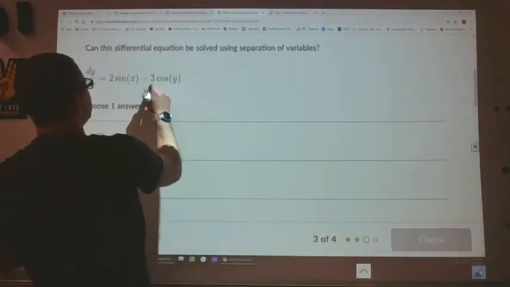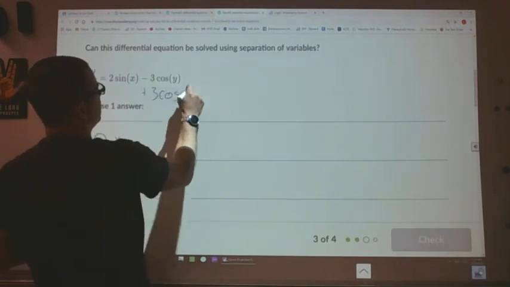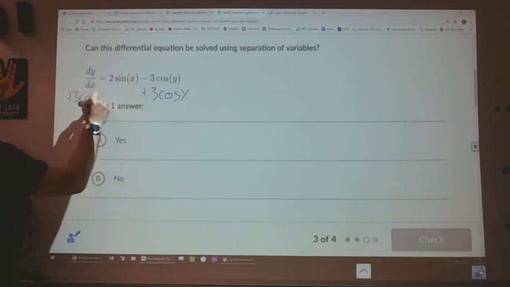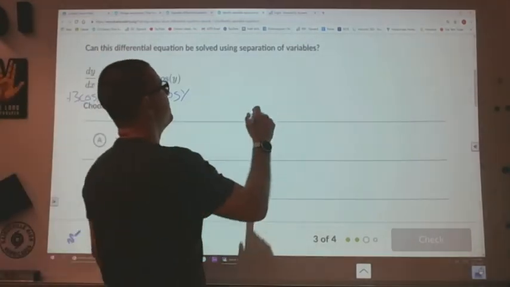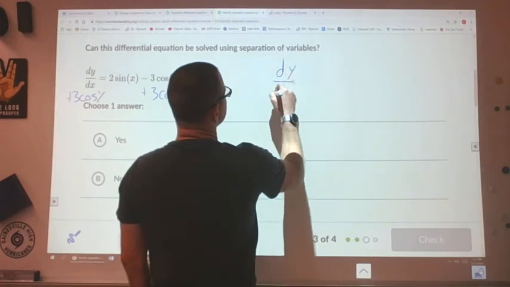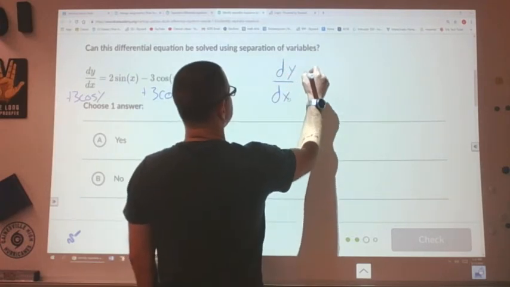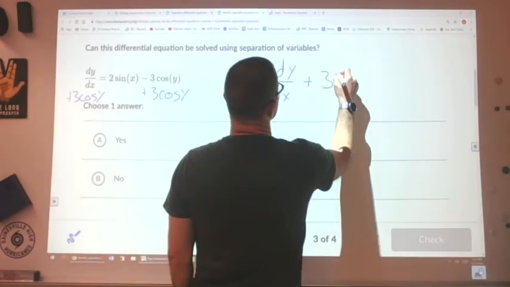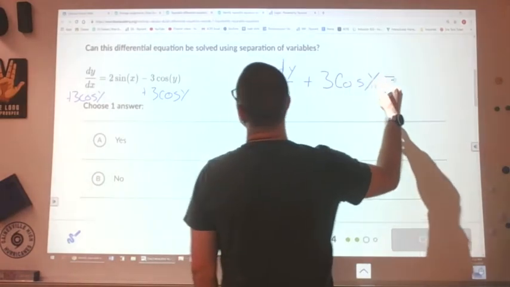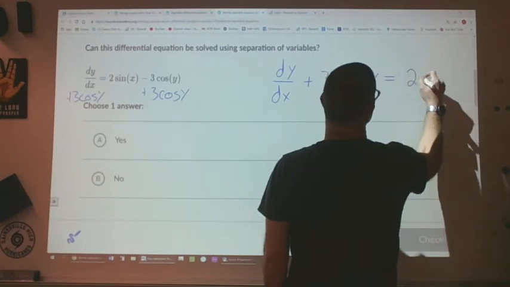If I add 3 cosine y to both sides, what I end up with is dy over dx plus 3 cosine of y is equal to 2 sine x.